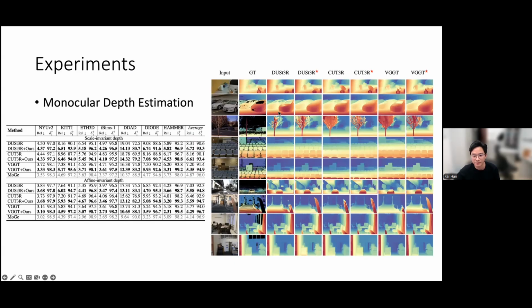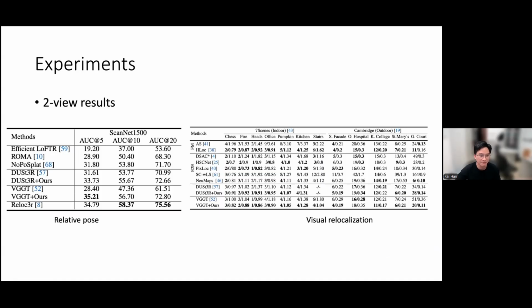For example, comparing this one, and also some chair examples as well. Here the chairs are more separated as they should be, and similar for this one. So basically we managed to get more details in our depth estimation.